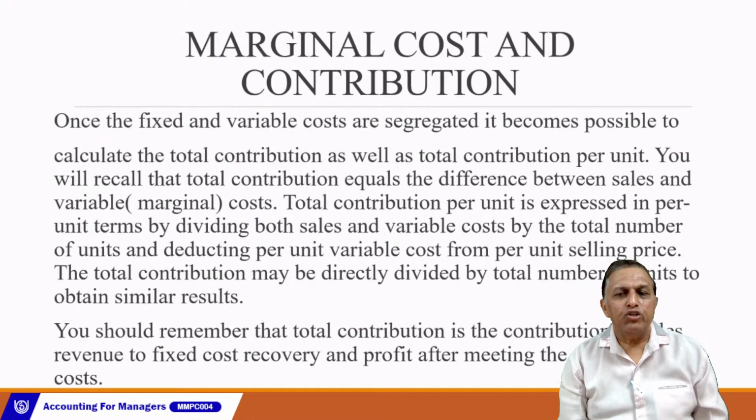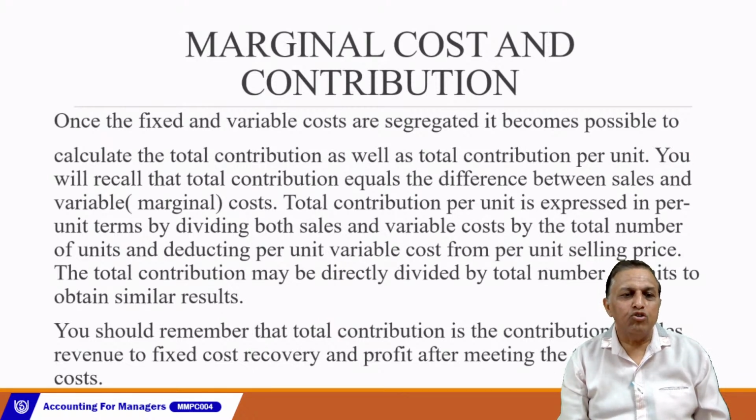The contribution per unit is expressed in per unit terms by dividing both sales and variable cost by the total number of units and deducting the per unit variable cost from the per unit selling price. That means first we get the variable cost per unit, second we get the sales per unit, and then we take the difference of these two.